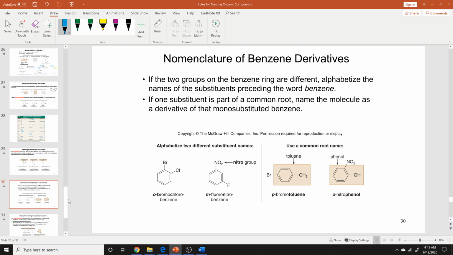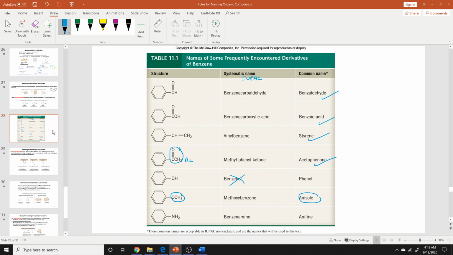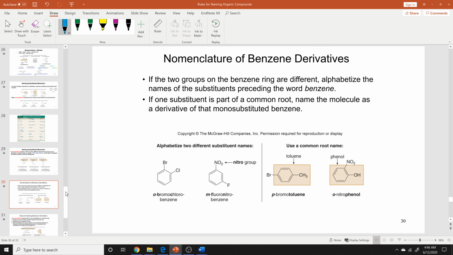Now, if you have one of these groups, like a carboxylic acid, a phenol, or toluene in there, those are considered to be the root. Those are considered a common root.